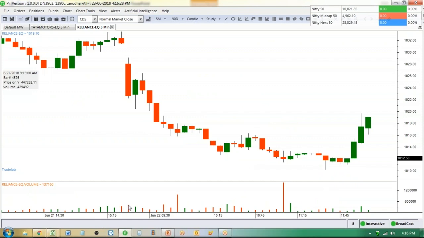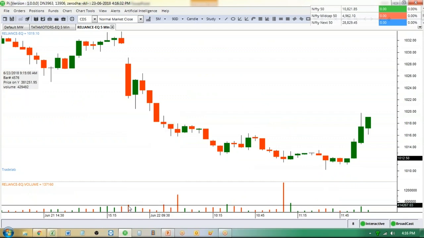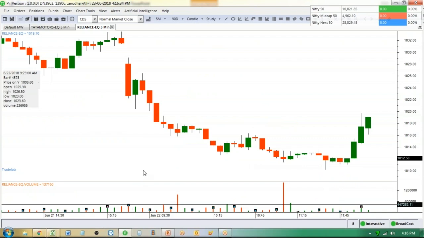See, this is the 9:15 candle, 9:15 volume on this day. Now this 9:15 volume is being taken out by, say, 429,452. So this first volume of the day, the first 5 minute volume of the day, will be taken out in terms of volume by another candle.